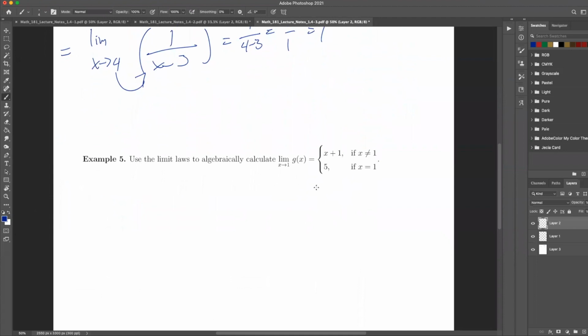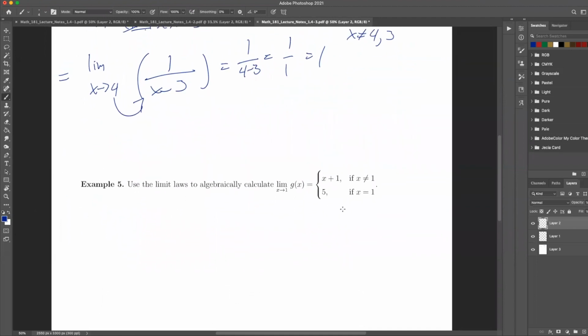Same thing happens here, right? The point of this page is just to get you used to the fact that you can ignore things that you weren't allowed to ignore before. So the limit of g of x as x approaches 1 is equal to the limit of x plus 1.